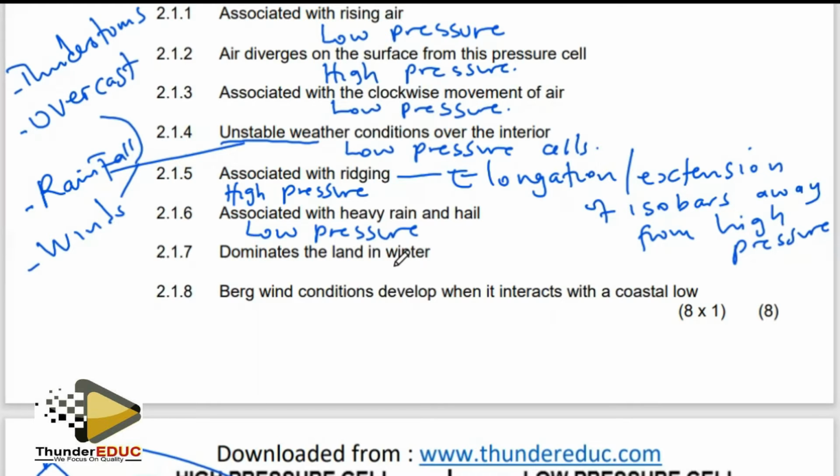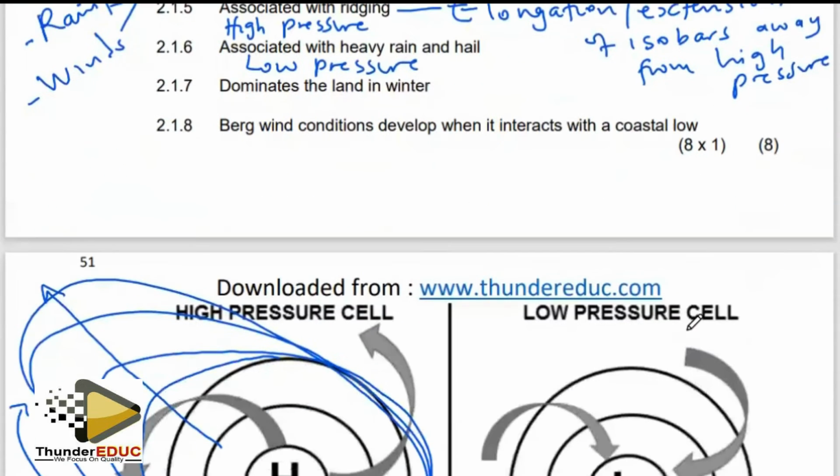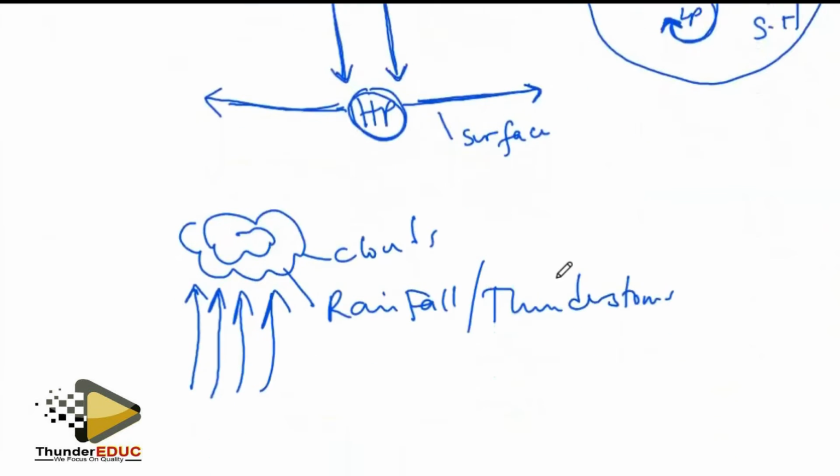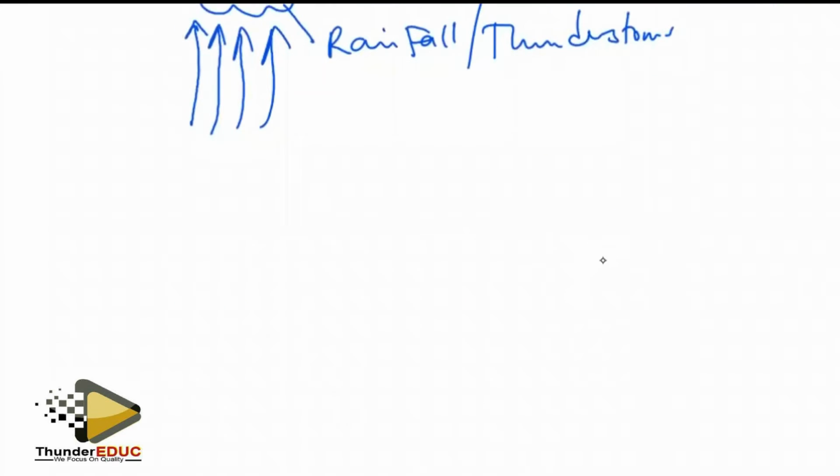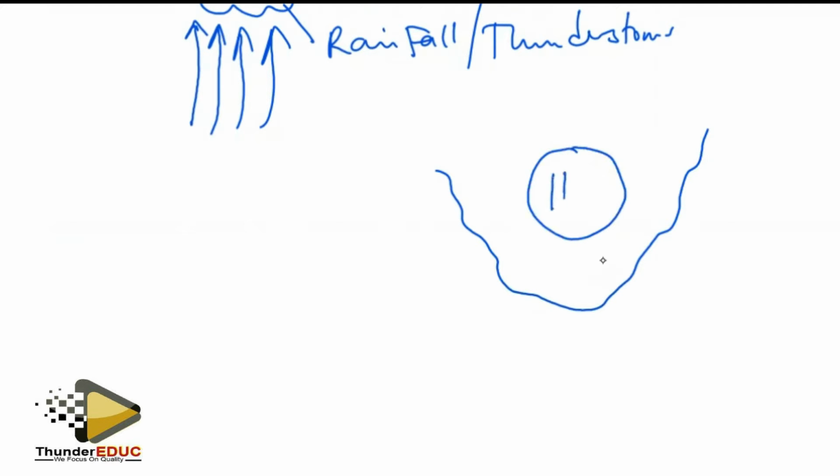2.1.7 dominates the land in winter. That will be a high pressure cell. In the winter, the high pressure cell dominates the land. How do we show that? If we illustrate it down here regarding a high pressure cell, this could be the map of South Africa, and normally they're going to show something of that sort, indicating a high pressure.